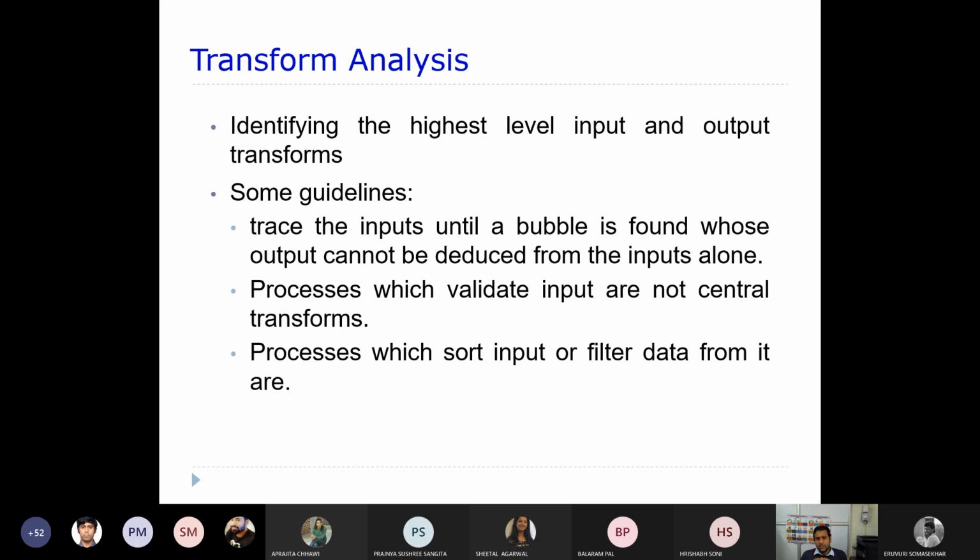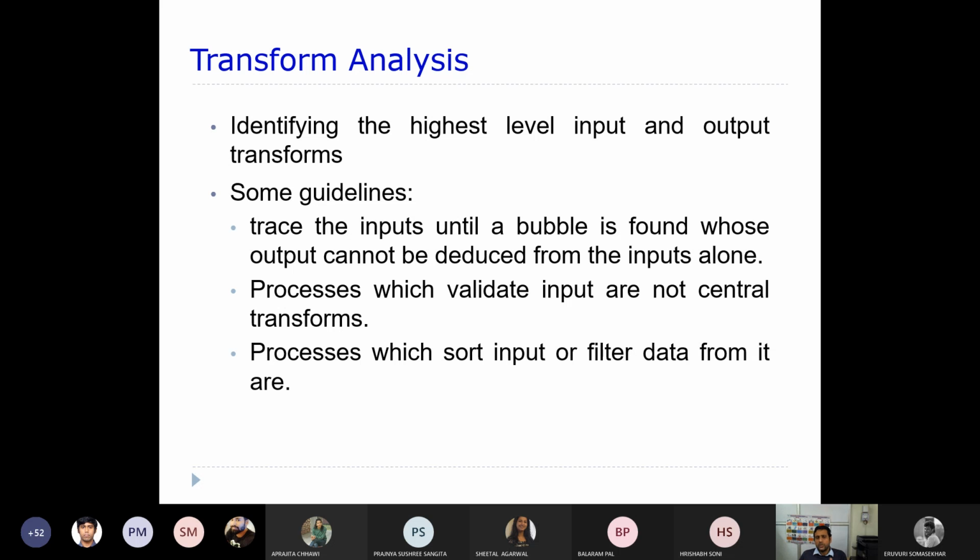The processes which take some data and sort it: let's say you give some input data into the system, and after taking that input data, it sorts all of it, right?